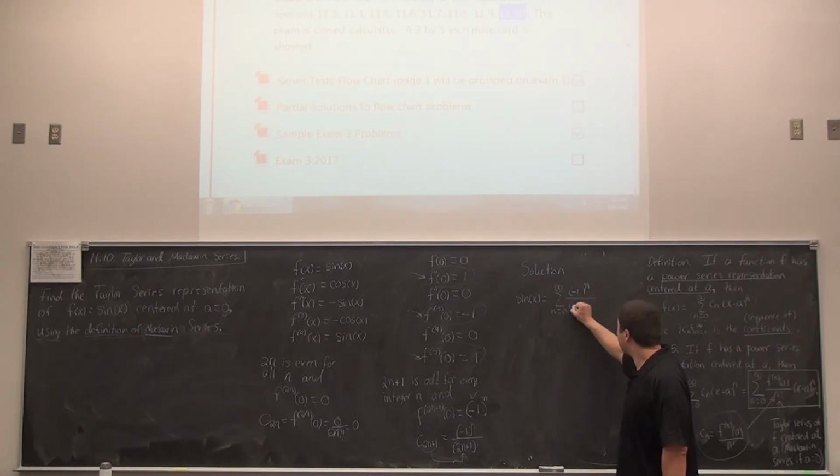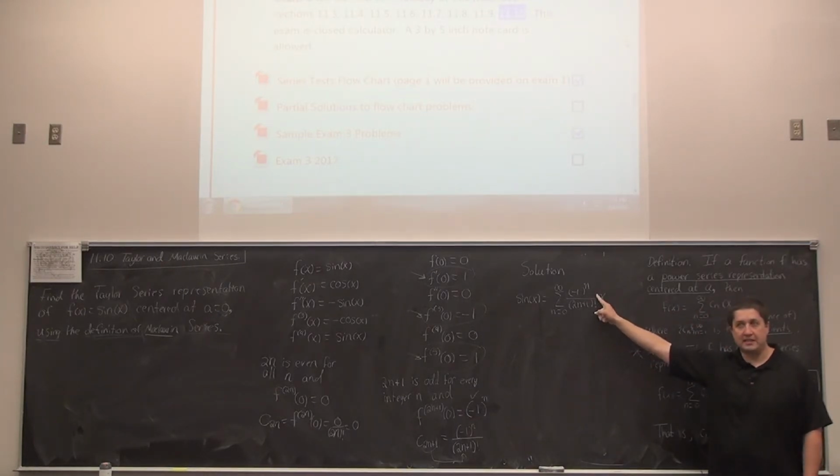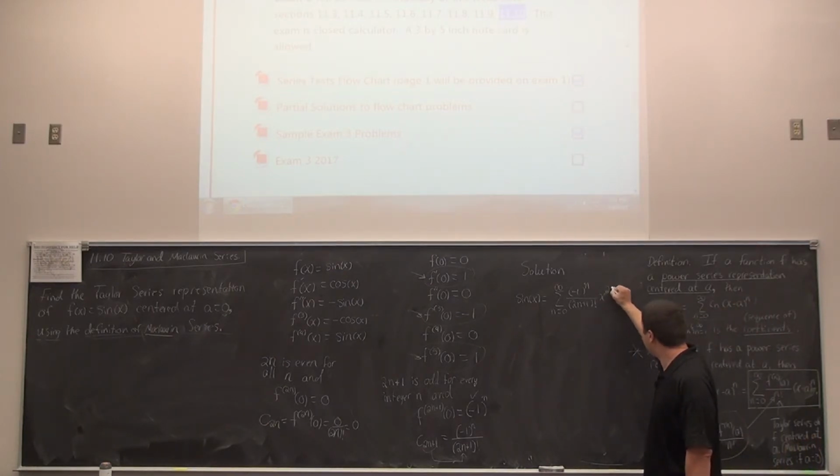Divide by 2n plus 1 factorial times, really we'd go x minus a, where a is the center, but the center is 0 in this problem, so we just do x to the power of 2n plus 1. And this is what makes it a Maclaurin series. There's no x minus a, just x minus 0, really. That gets simplified to that. Any questions so far with our solution for sine?